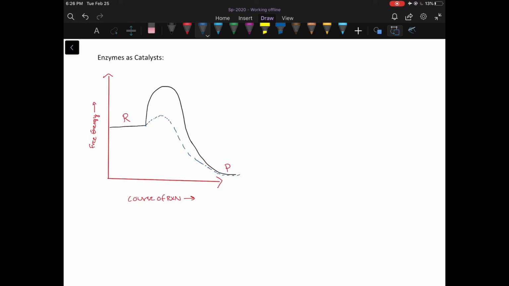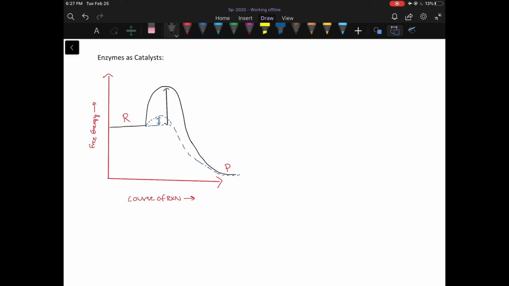And why is that? It's basically because of this right here for the blue one, and this for the black one.